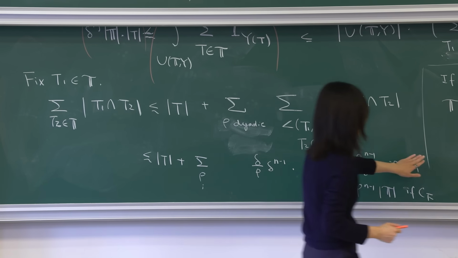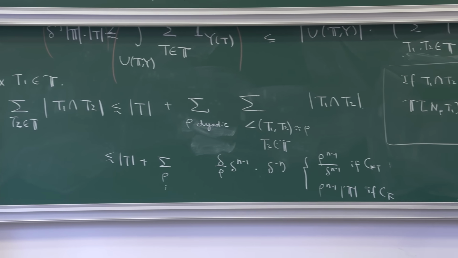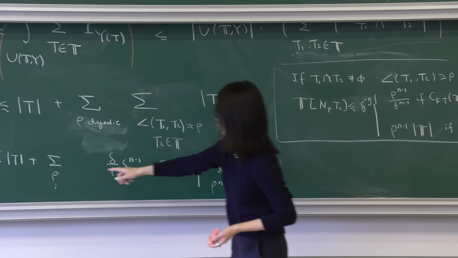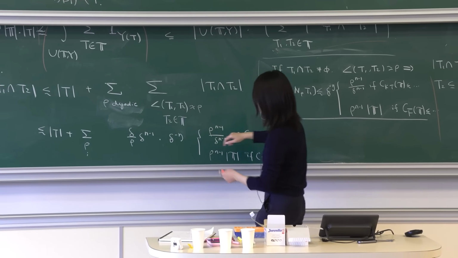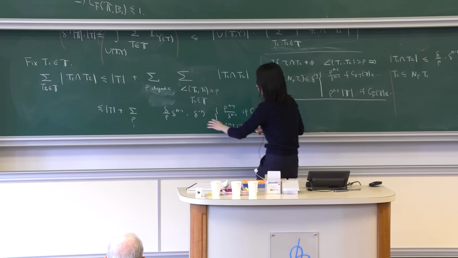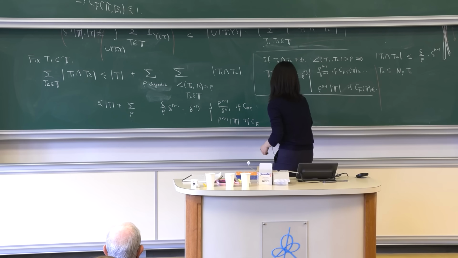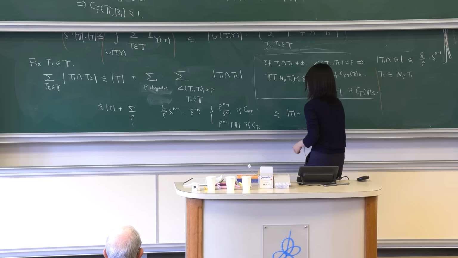So let's just finish the algebra. Since there are dyadic many terms, so this term, we have rho here. So this term is less than the volume of T plus delta to the minus eta.